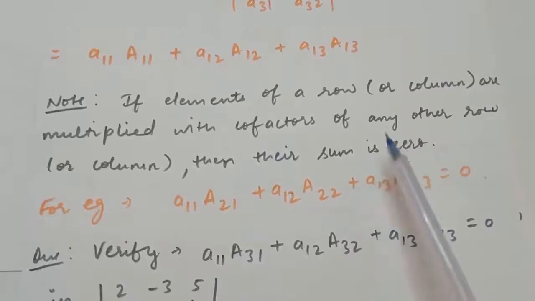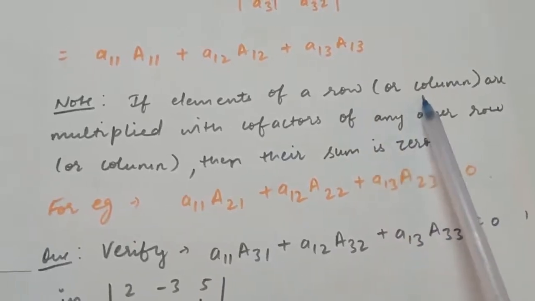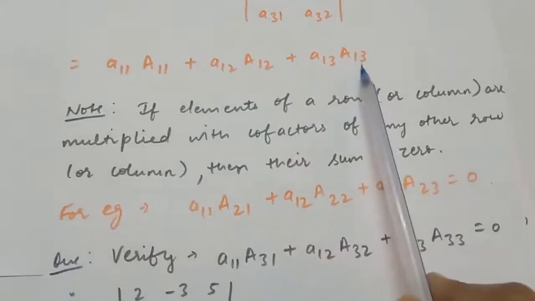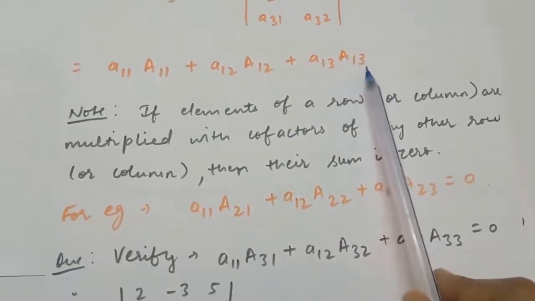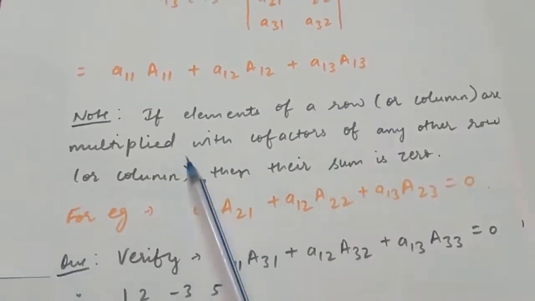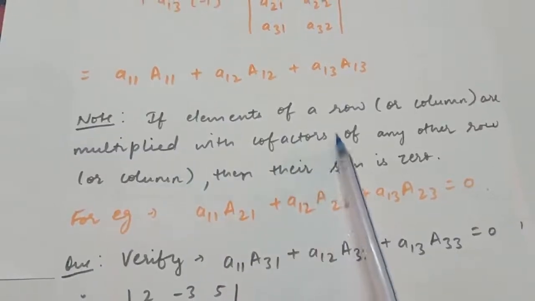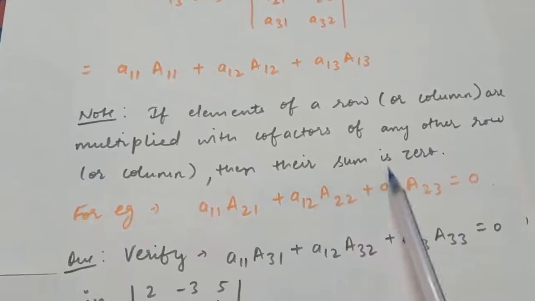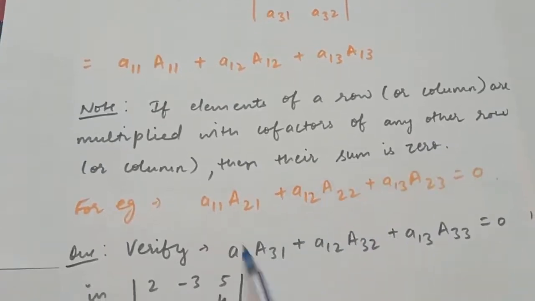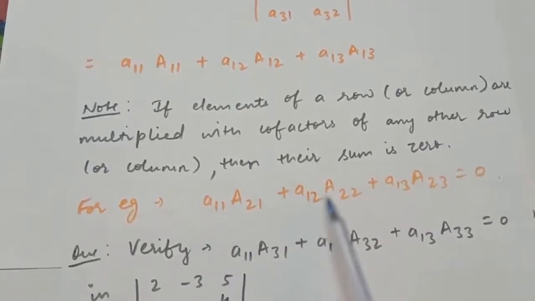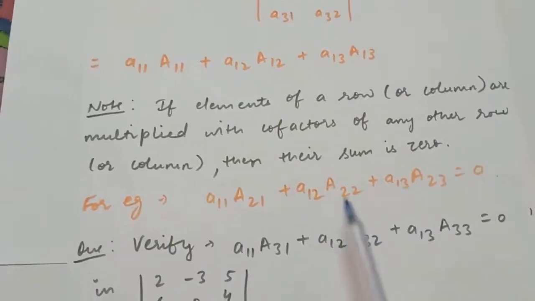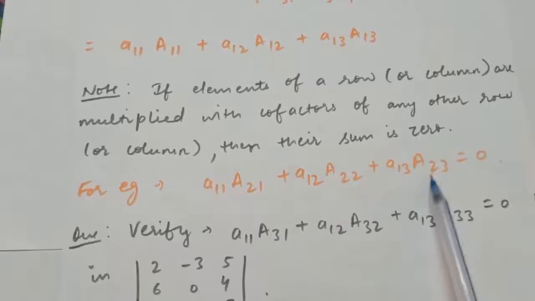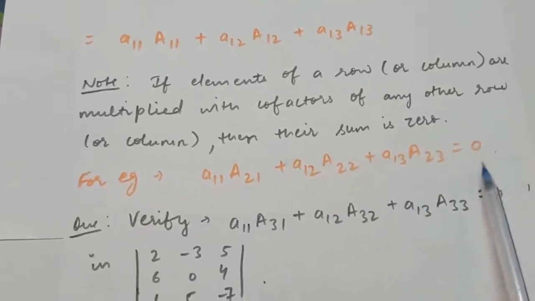If elements of any row or column are multiplied with their corresponding cofactors, then we get the value of the determinant, right? But if they are multiplied with cofactors of any other row or column, then their sum is 0. For example, if we take the elements of the first row and multiply them with the cofactors of the second row, the result will be 0, right?